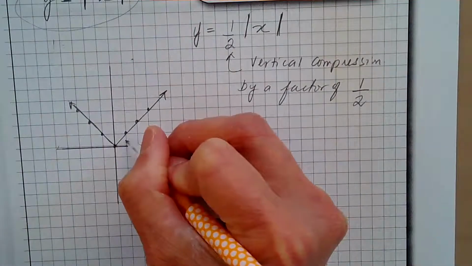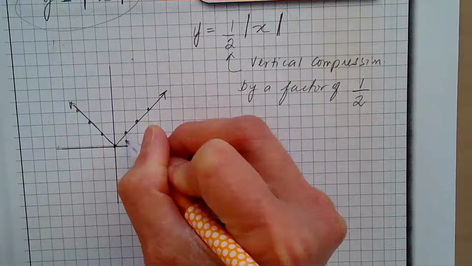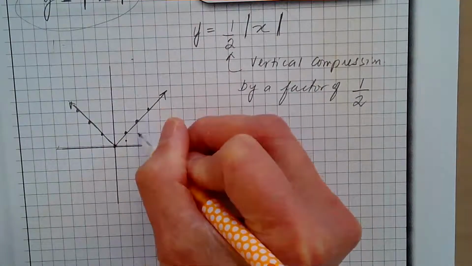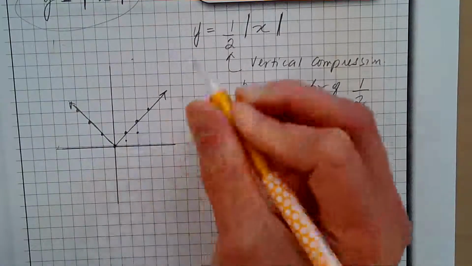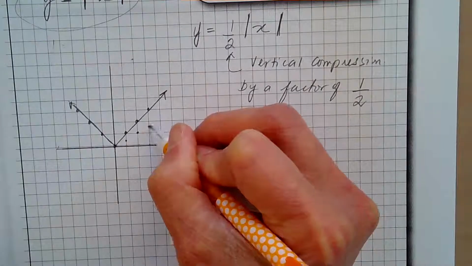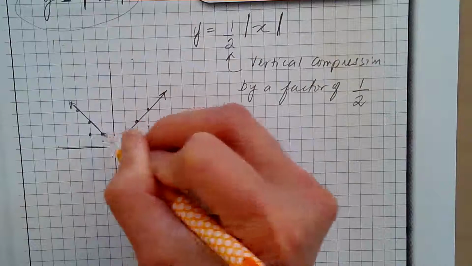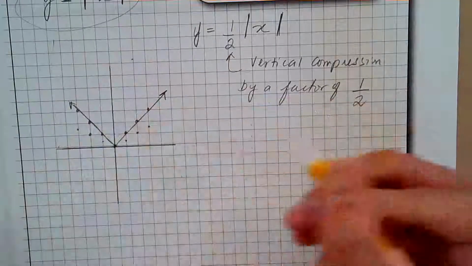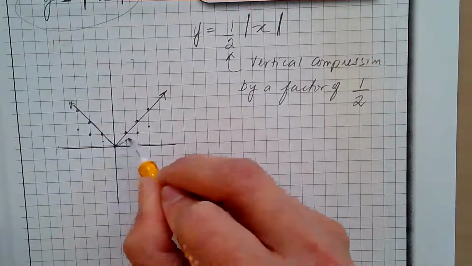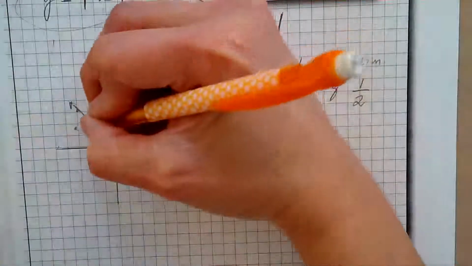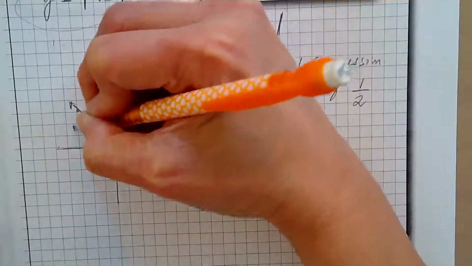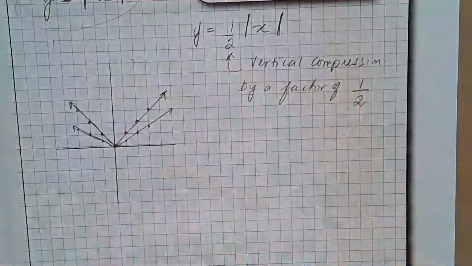So everything is multiplied by 1/2. 1 times 1/2 is 1/2. 2 times 1/2 is 1. 3 times 1/2 is 3/2. Did it look like they got compressed vertically?